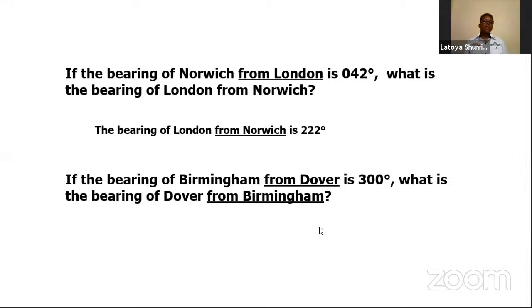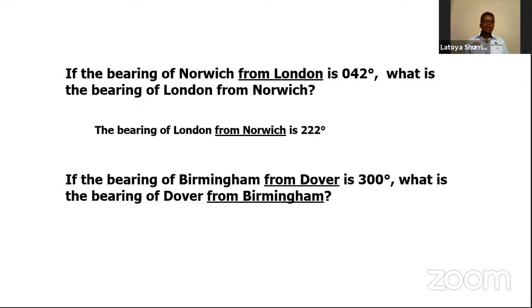Just to reiterate, there are some very key points that we have to remember when we're looking at bearings. One, we start at a north point from north. We only go in a clockwise direction. We represent our bearing with 3 figures, and our bearing must lie within the range of 0 degrees to 360 degrees.